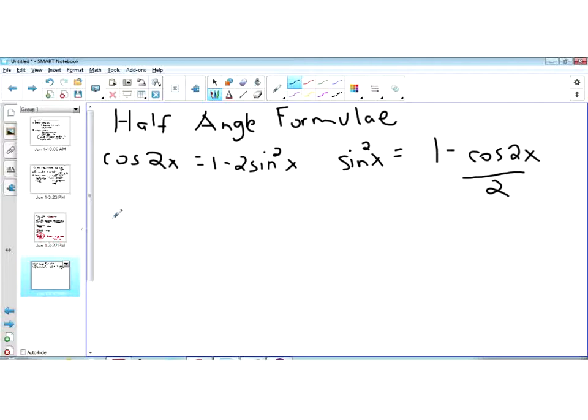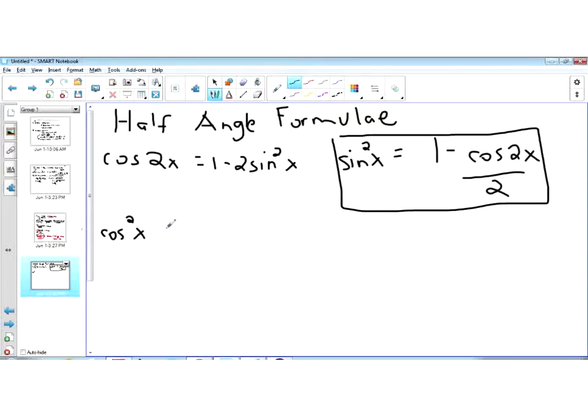And then we also know that, so we'll use this in just a minute. Okay, so we also can say that cosine squared x is equal to 1 plus cosine 2x over 2. Right, so we'll use that result.